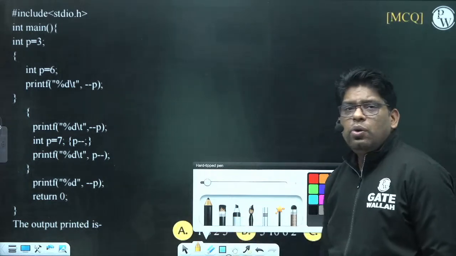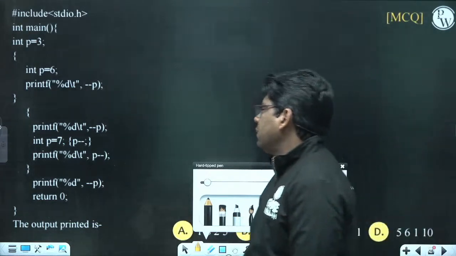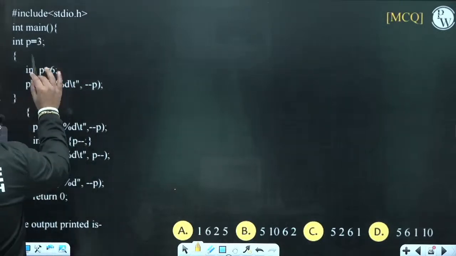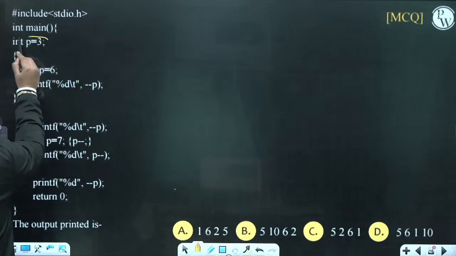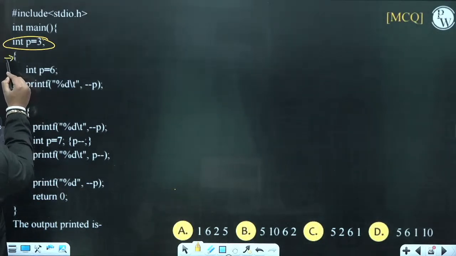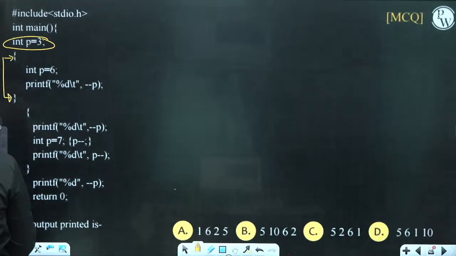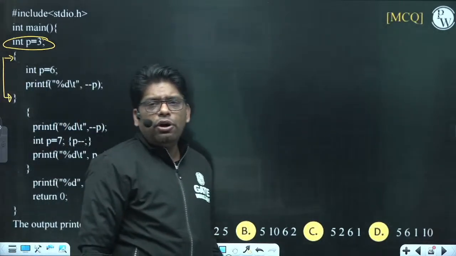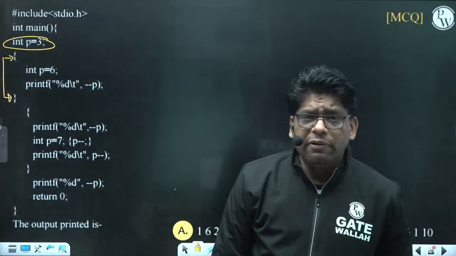Sir, more local scope is preferred. Main started a local variable, but a new scope is started. A new scope is started. And in C, by default, more local scope is preferred.